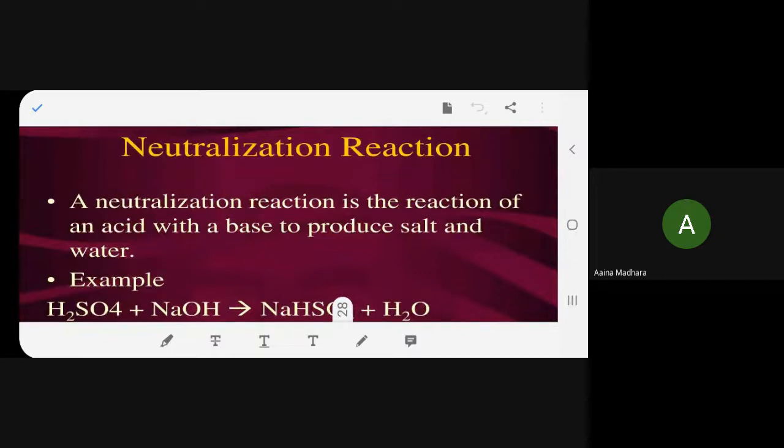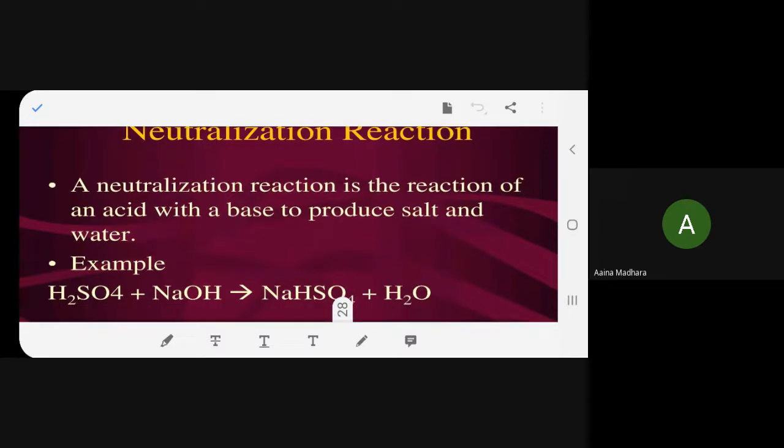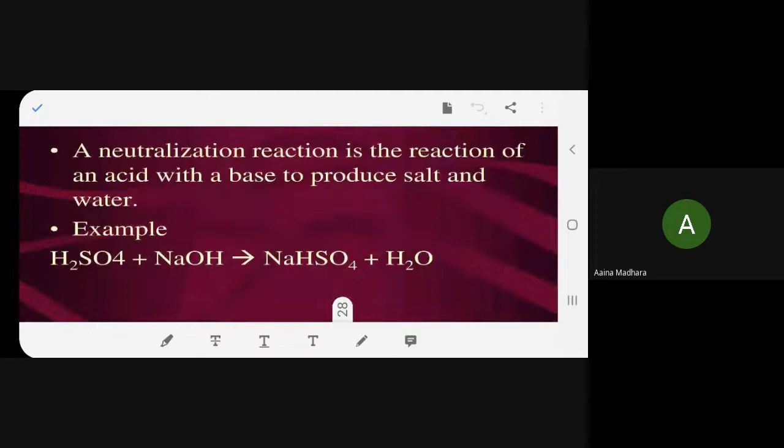A neutralization reaction is the reaction of an acid with a base to produce salt and water. Example: H2SO4 plus NaOH gives NaHSO4 plus H2O.